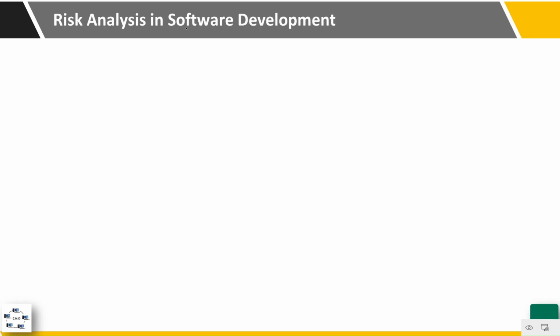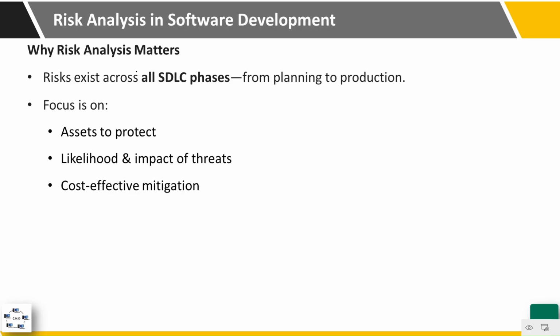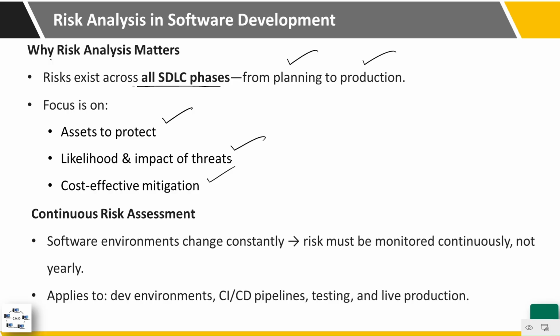Risk analysis in software development. So why does risk analysis matter? It is because risk exists across all the SDLC phases, from initial planning up to the production system. Risk analysis in SDLC focuses on protecting the assets, the likelihood and impact of the threats to the system, and the cost-effective mitigation of these threats.